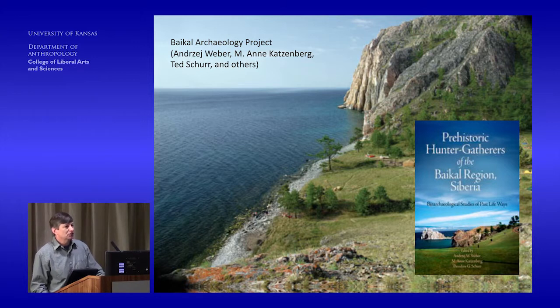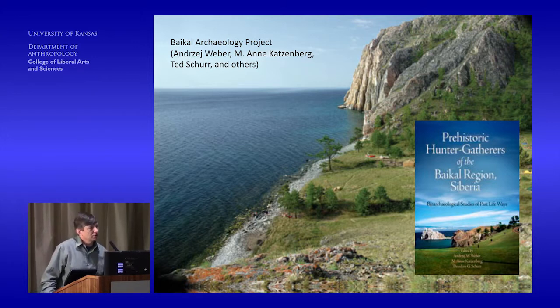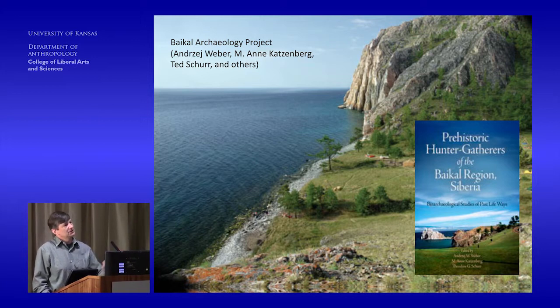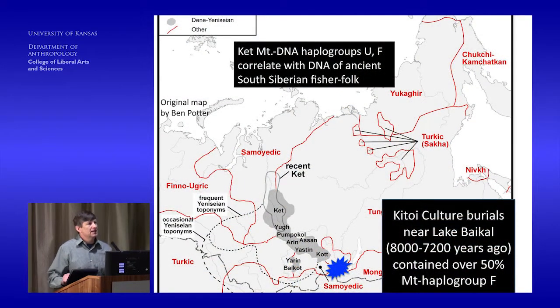This Baikal archaeology project has unearthed burials of ancient fisher folk along the very southern tip of Lake Baikal and the Angara River that flows out of it. And it turns out that the mitochondrial DNA in these ancient fishing burials contains a very high percentage of F haplotype and also U haplotype. And these are the same ones that are present in modern cats and in no one else in Siberia.